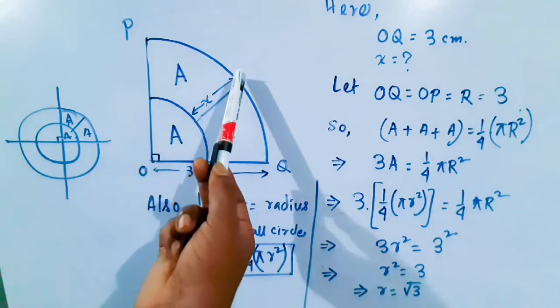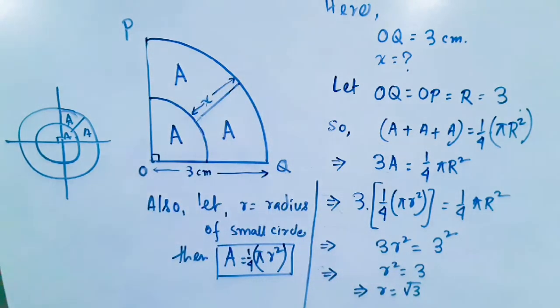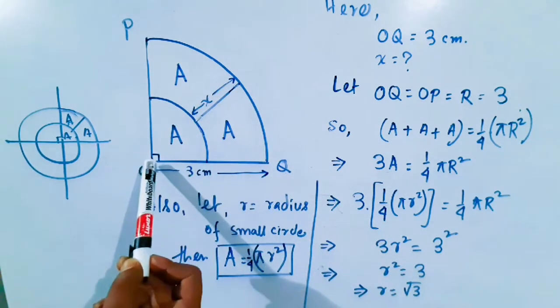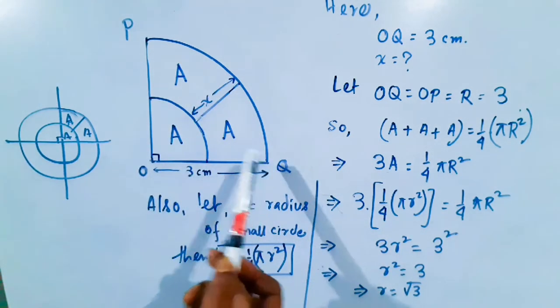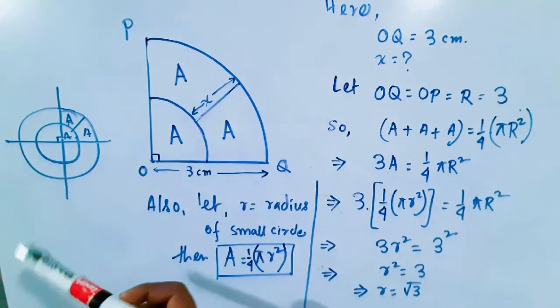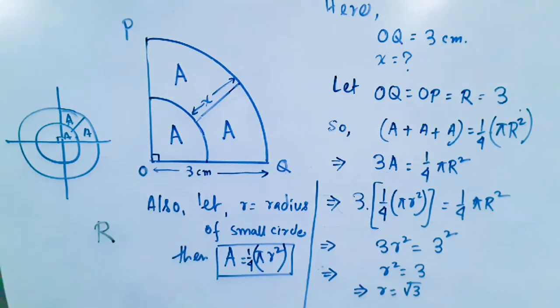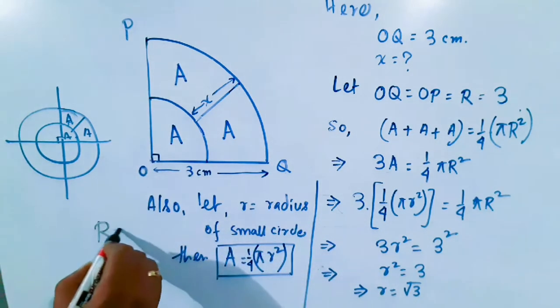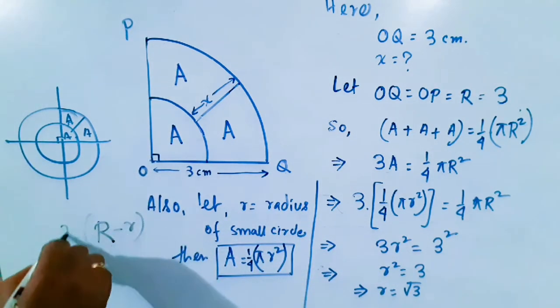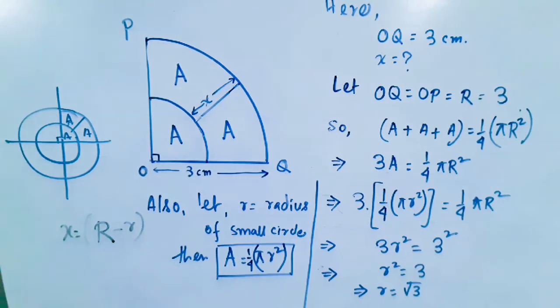So we have to calculate the length of x. X means difference of bigger circle radius and a smaller circle radius. Bigger circle radius capital R, and a small circle radius small r. So value of x equals capital R minus small r.